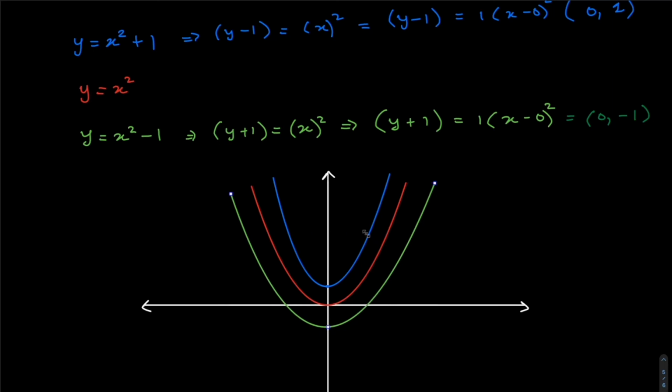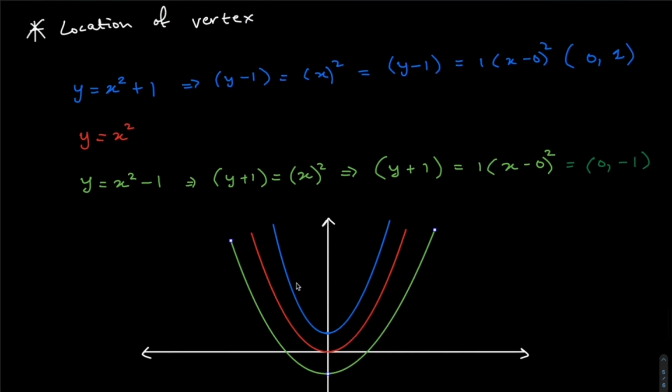So this is what location of vertex means. Basically my vertex, how it's shifted, but ideally, this could have been -1 comma 10. It doesn't matter, right? The principle or the concept is the same that's being followed here. Nothing changes, right? So this was basically the location of my vertex.